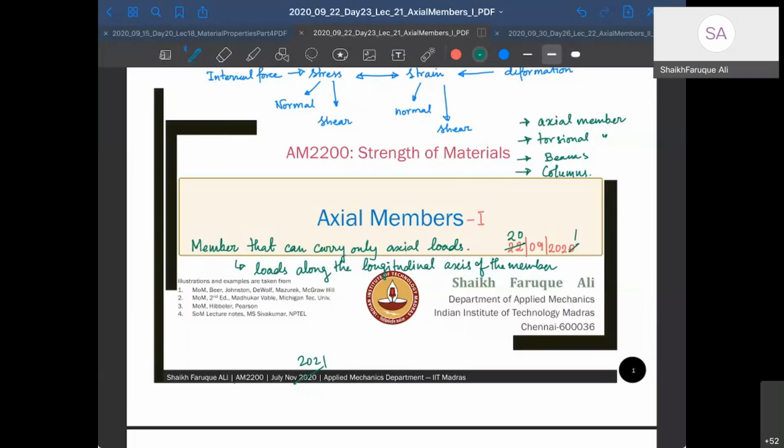They are not designed to take these loads, so they will fail under those loads. They will only carry axial load, so they will transfer loads from one part of the axis to the other part of the axis. That's why they are called axial members, and as a result of carrying this load, they will either get elongated or get compressed along the axis.